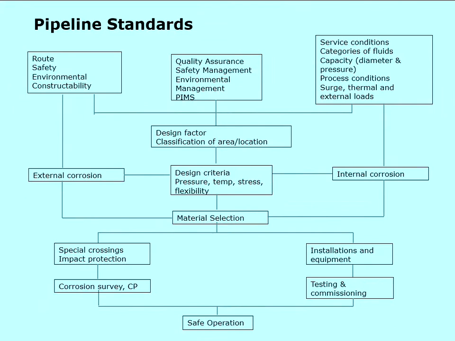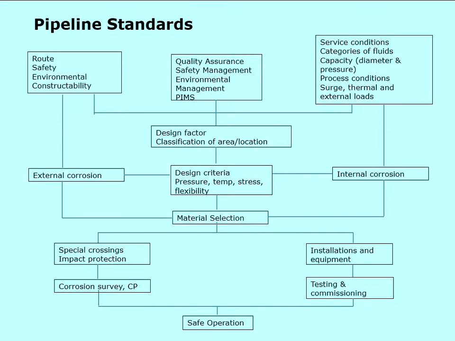Basically what this is saying is, we've already said that standards have to apply through the life cycle of the pipeline, the life cycle of anything that you're applying a standard to. But in terms of pipelines, they start applying at the planning stage, where you're thinking about where you're going to put it and what you're going to do with it. They apply to the design and materials, construction, commissioning, operation, inspection and maintenance, and then at the end of life, either the revalidation or the decommissioning.